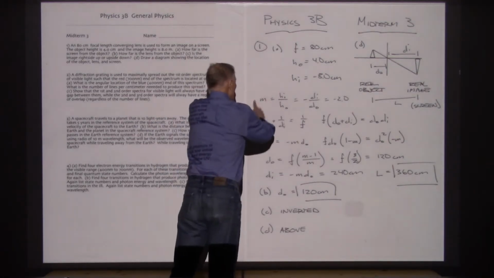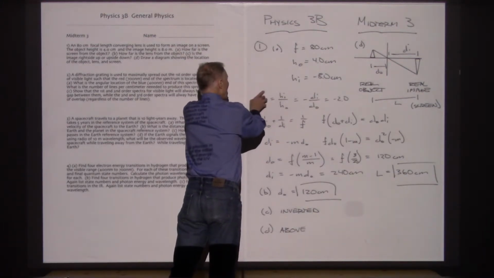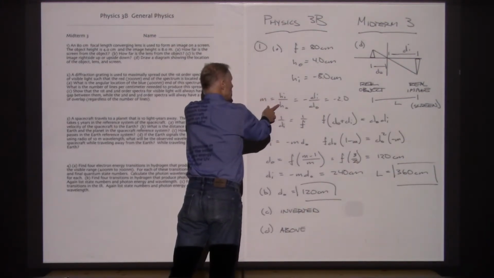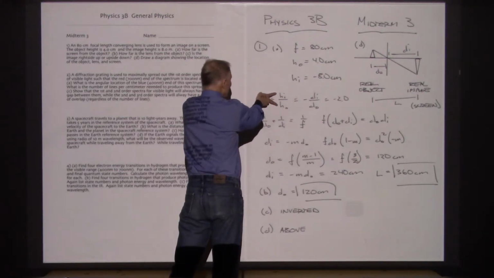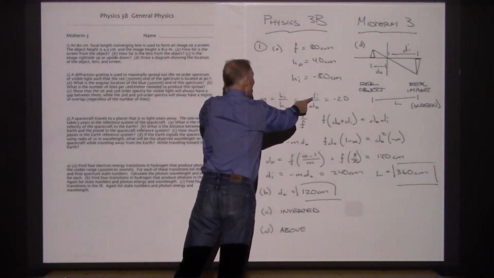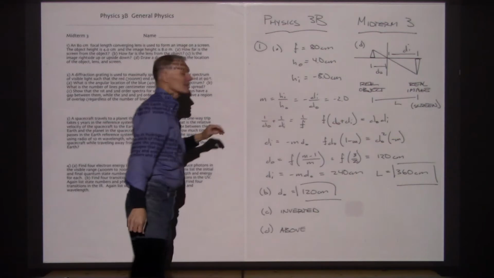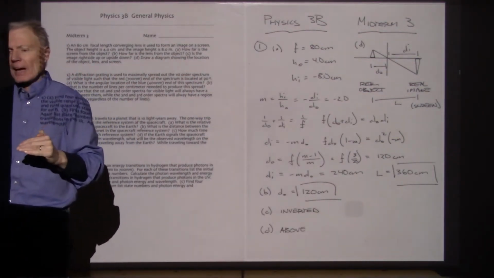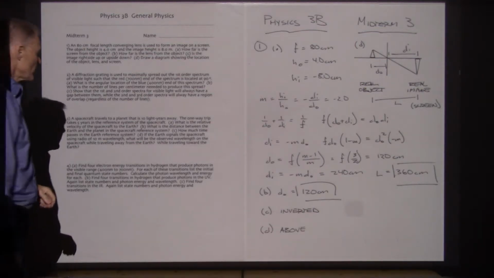So the formulas that we have derived, I'll include this. So the magnification is defined as HI over HO. Using some basic geometry, we showed that HI is to HO as DI is to DO. But then we had to put a minus sign in because of the sign conventions that we have adopted for these different values.